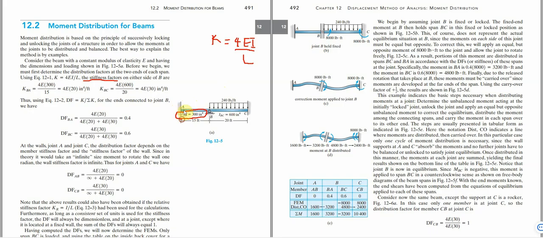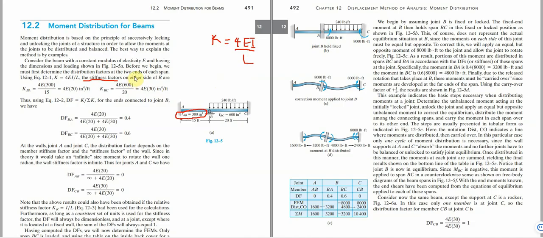Now what it means is that when we have different I for members like this, the material for this side of the beam differs from the material for this side. So that is why we have to take into consideration the stiffness of that particular material, the moment of inertia of that particular material.